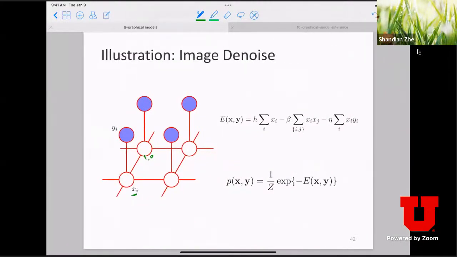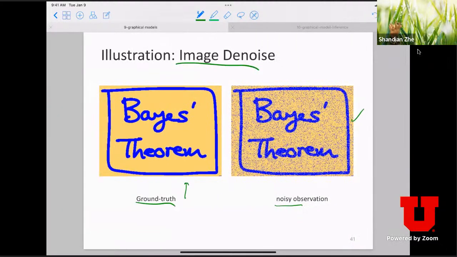Like it should really be the blue pixel or the yellow pixel. And associated with each xi is yi, the actually observed pixel value. This is a noisy observation, because you can see that many pixels are corrupted, meaning that this is supposed to be a yellow pixel, but it's corrupted and flipped into a blue pixel.